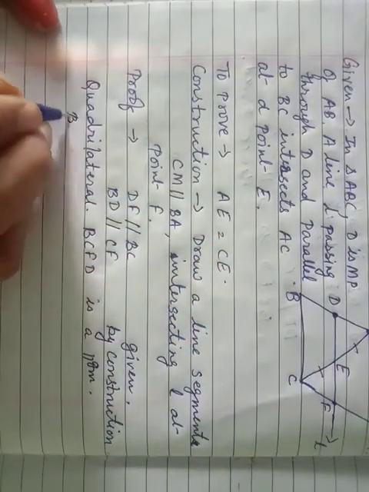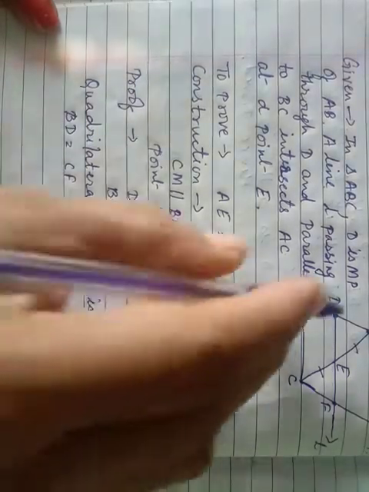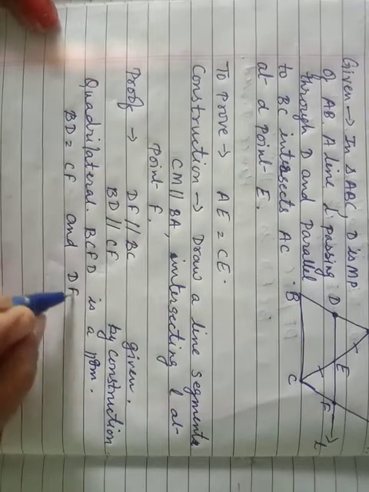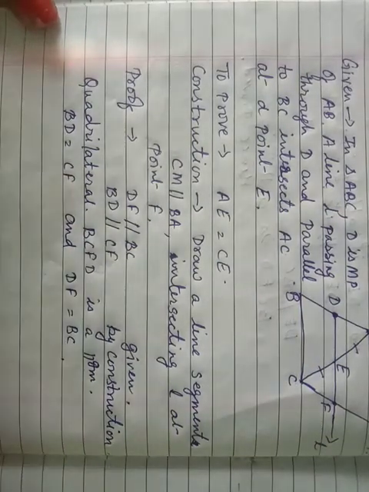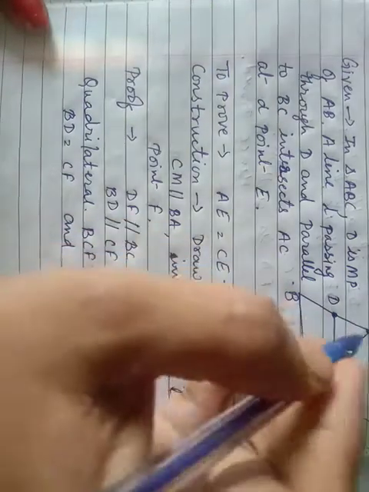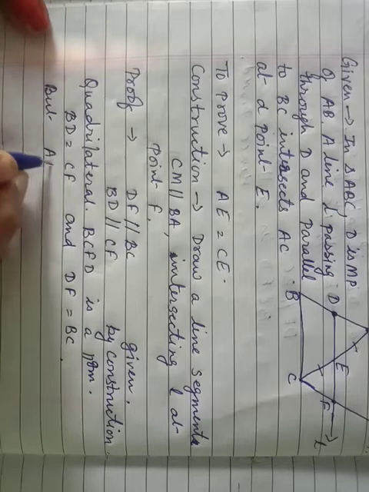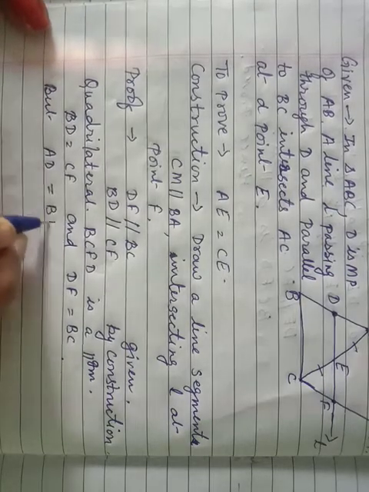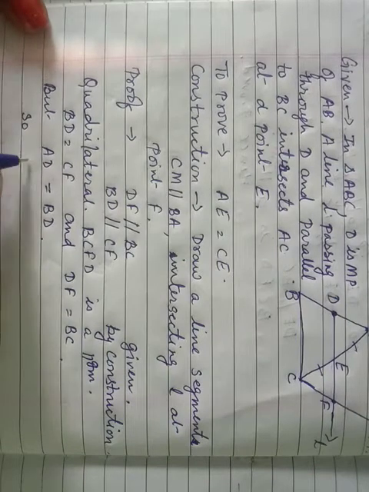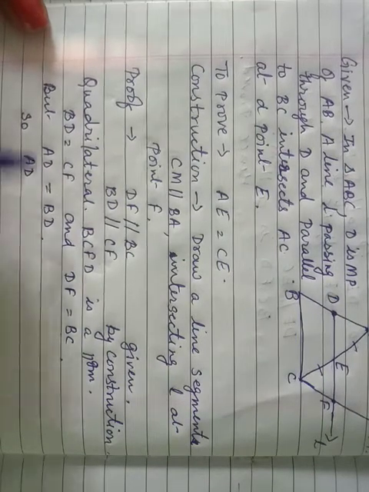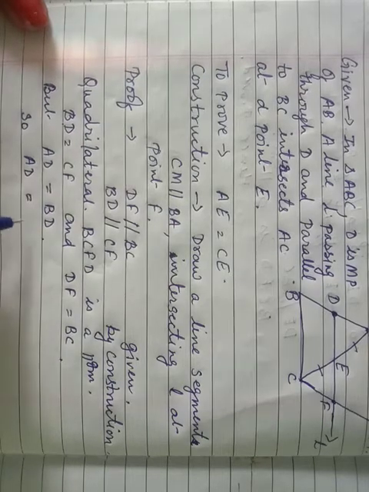It means BD is equal to CF and DF is equal to BC. But we know that D is the midpoint, so AD is equal to BD. So AD is equal to CF also. From here I am replacing BD. So AD is equal to CF.